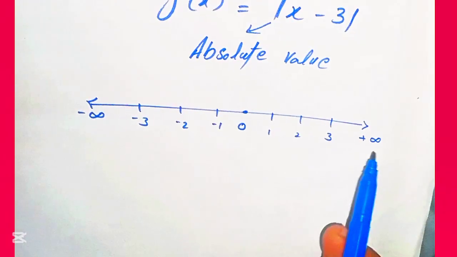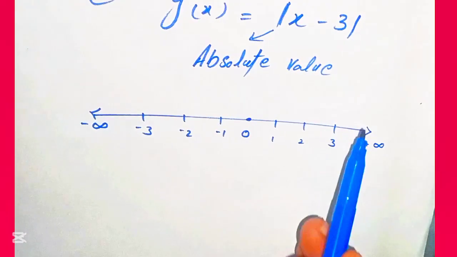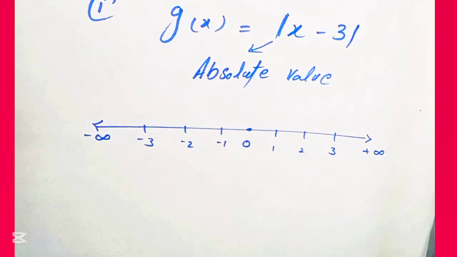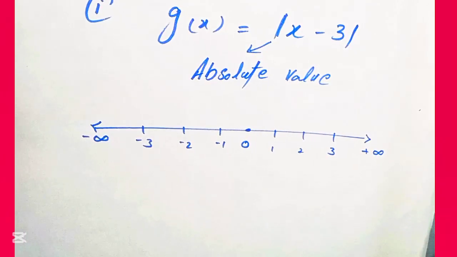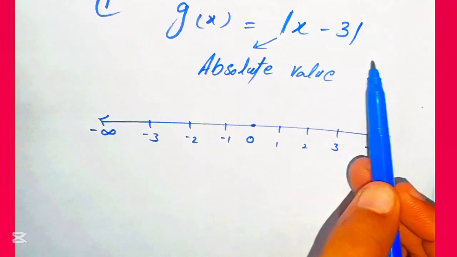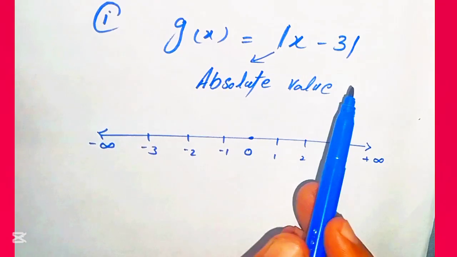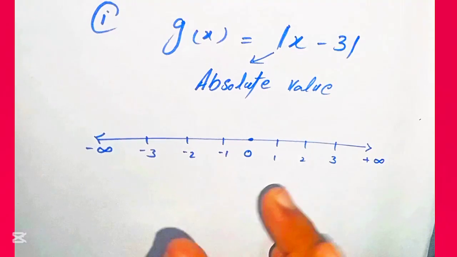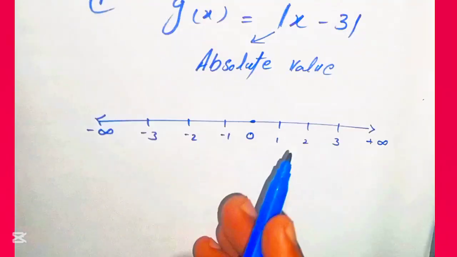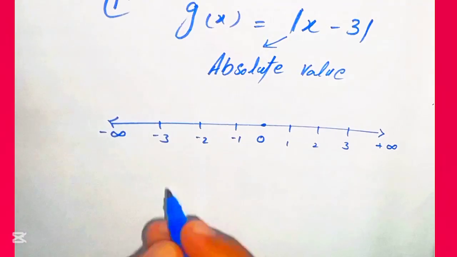This is called the whole real number line. So the domain is basically the values that we can put into the function, and our answer cannot be complex numbers or infinity. So we have to avoid two conditions.